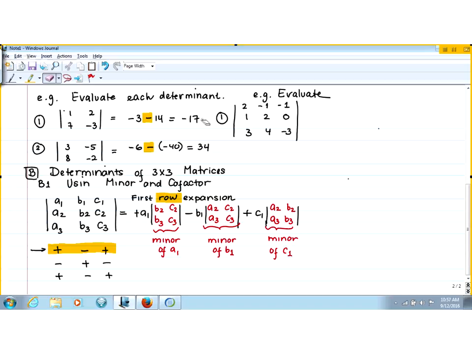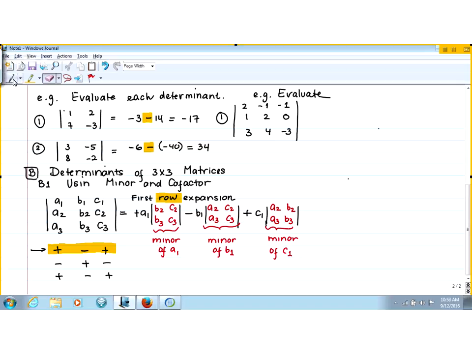Whenever we have 0, it's always easier to do the expansion on whatever row or column contains 0. You know why? Because 0 multiplied by any number is 0. That's why we want to choose the column or the row that contains 0.